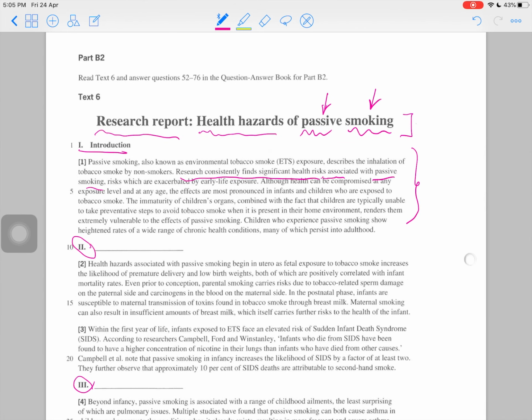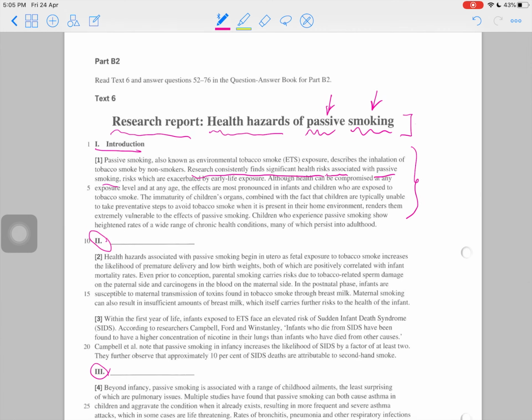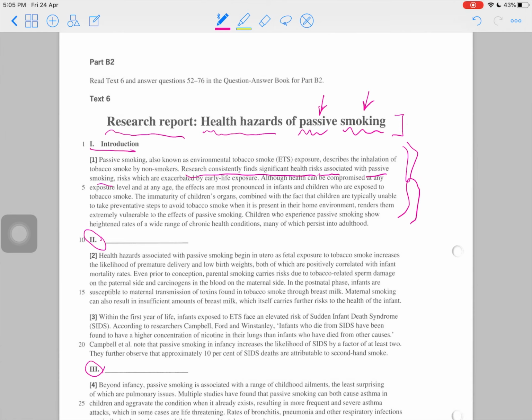One thing to remind you is that when you read any passage, if you want to read fast, if you want your brain to be prepared for what is to come, it's always good to read very quickly the title, heading, and then the first paragraph.